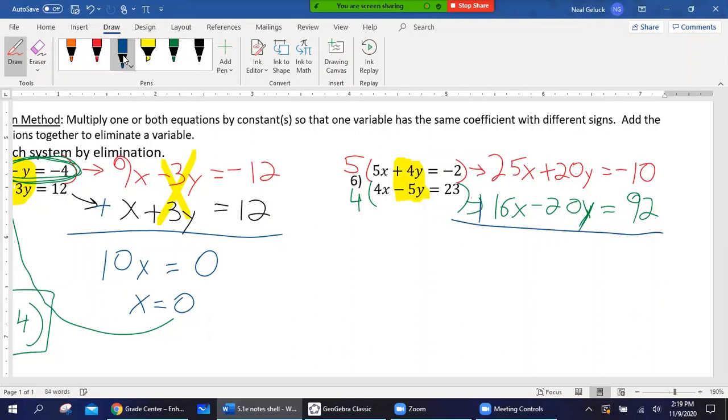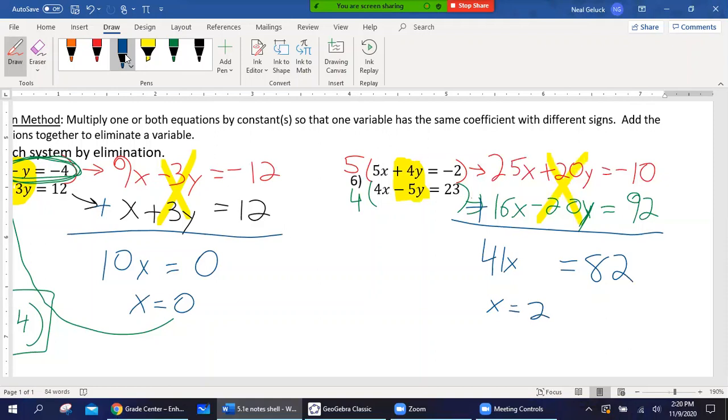If I add the equations together, the y's will become eliminated. And while the numbers don't look great, they do turn out convenient. I end up with 41x equals 82, which makes x equal 2, which is not too bad.